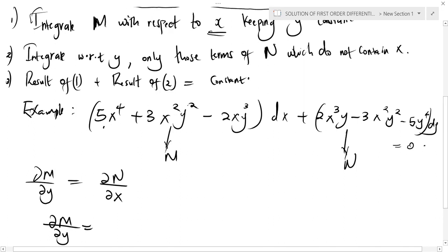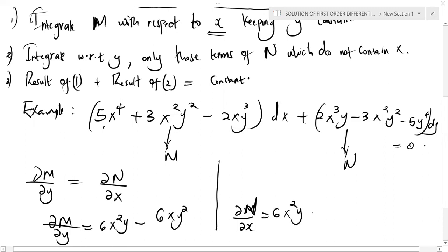Differentiating the second gives 6x^2y, minus, differentiating the third gives 6xy^2. And then the partial derivative of N with respect to x: the first term gives 6x^2y, minus 6xy^2, and the last term gives 0.